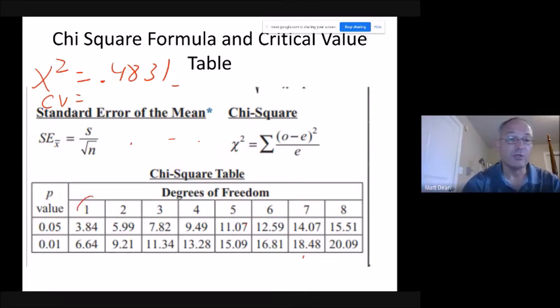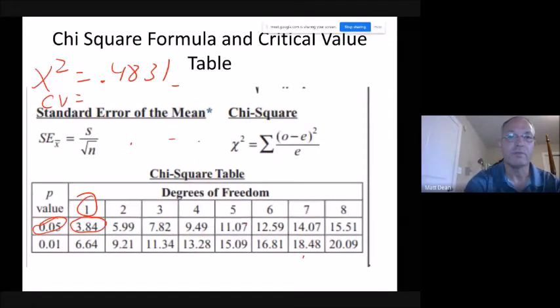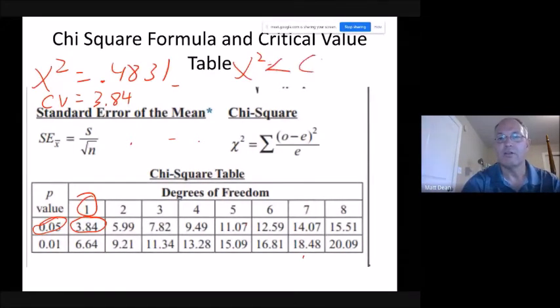So that leaves us with 1 degree of freedom, one less than our number of possible outcomes. 0.05 is our probability level. So 3.84 is our critical value. So in this case, our chi-square value is less than our critical value. And in that case, we're going to fail to reject the null hypothesis.